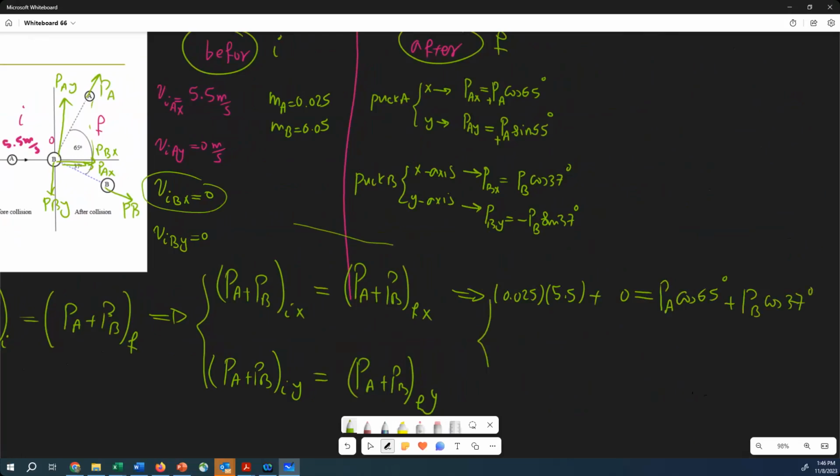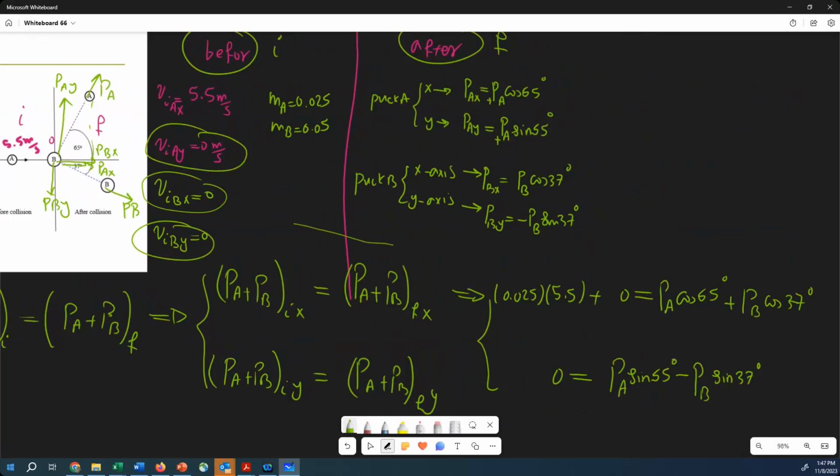Okay, just do the same in the y-axis. You see we don't have any momentum, so it's going to be 0, and then momentum of A in the y-axis is PA sine 65, yes? And momentum of B in the y-axis is negative PB sine 37.